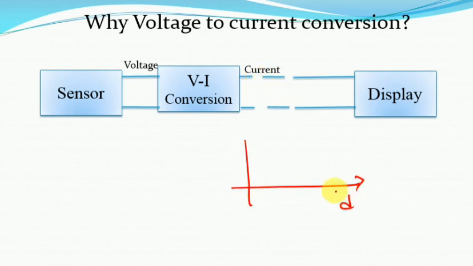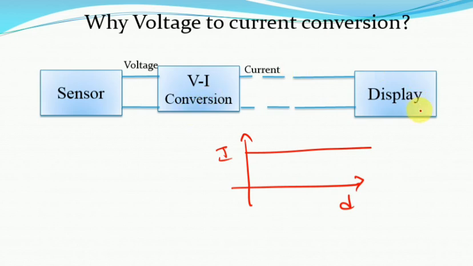If I consider some distance and the current I, the current will pass with a constant value with minimum change or error. Now this current value will be displayed at the display unit. In this way, if there is a change in temperature in the physical environment, by using a voltage to current conversion circuit, it will display the correct value without errors.